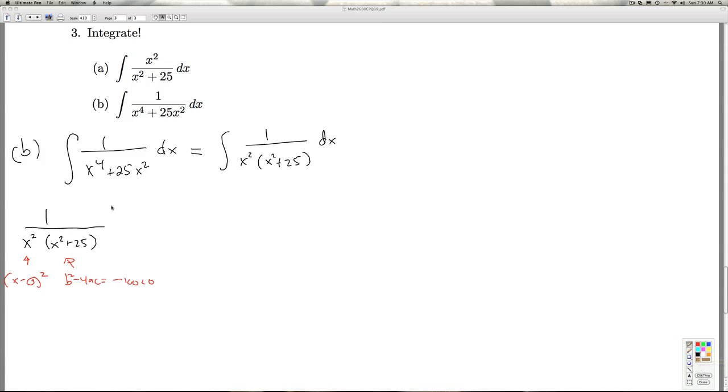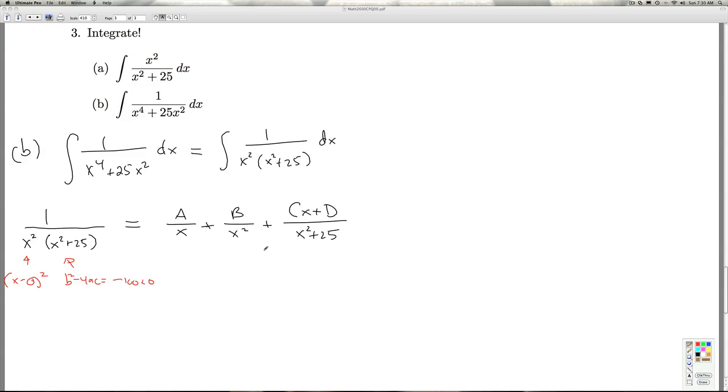Okay, so to proceed by partial fractions, we need the form of the partial fraction decomposition. Keeping in mind x squared is a repeated linear factor, I know this has to look like a over x plus b over x squared plus, now for the irreducible quadratic, cx plus d over x squared plus 25.